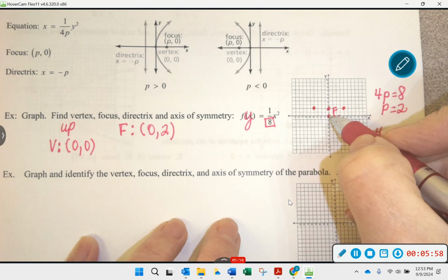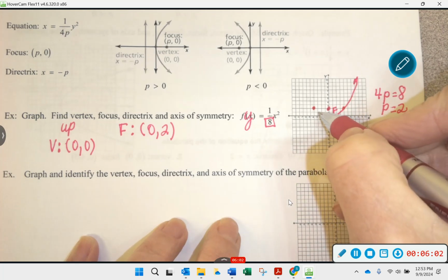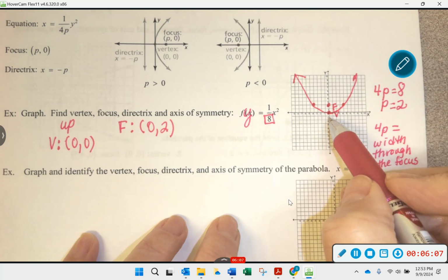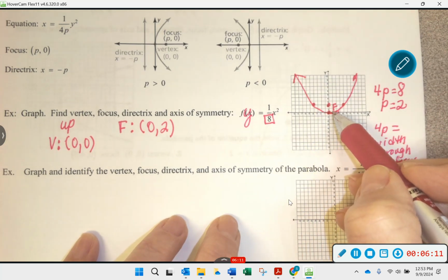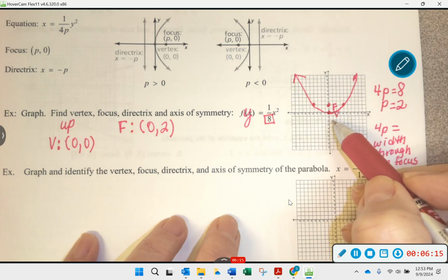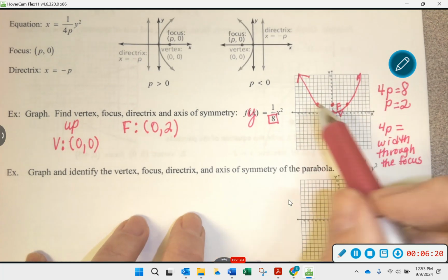And here's my vertex. That's a point. And that's a point. So what that allows me to do is graph this without having to go out 1 and up 1/8, which is really hard to see. So that's how I can graph this.